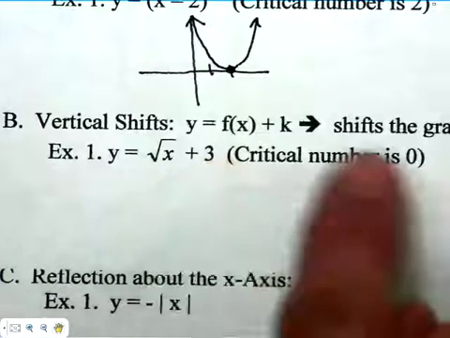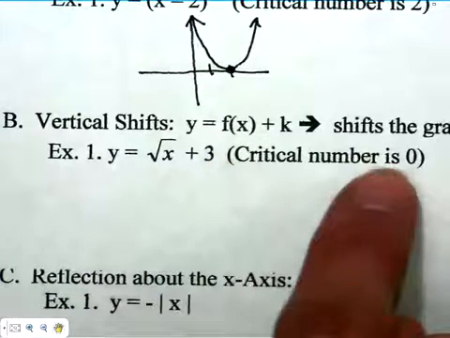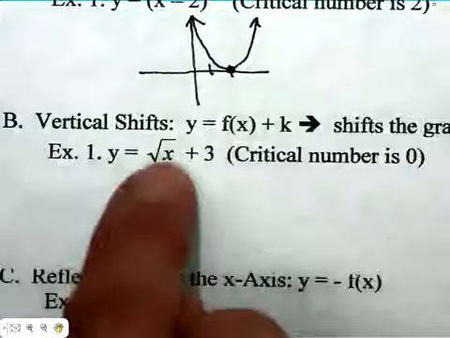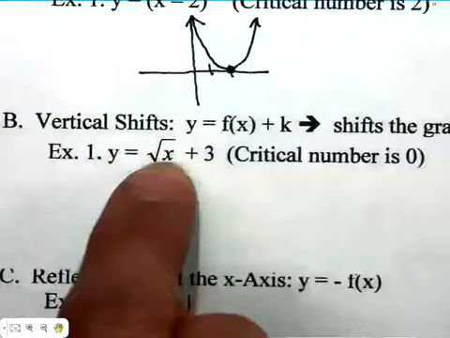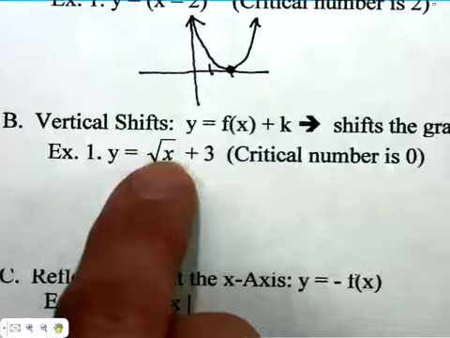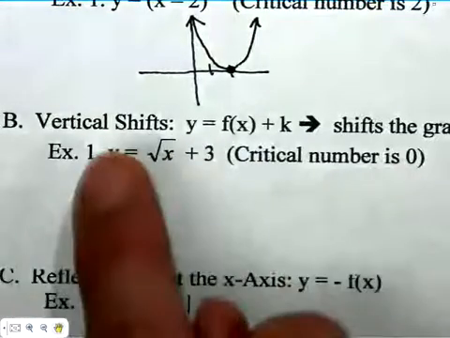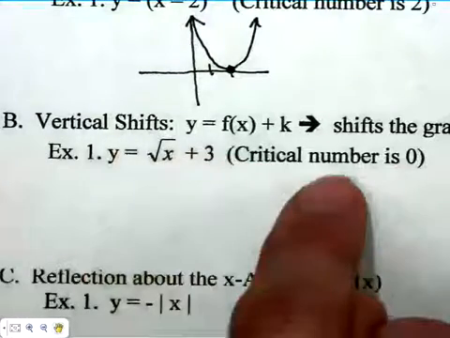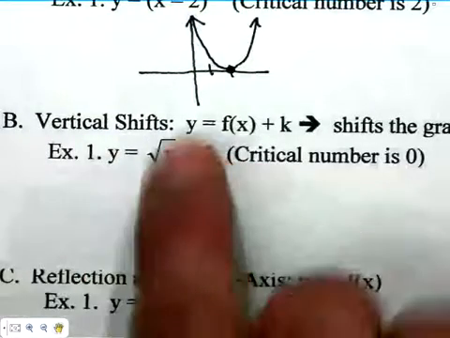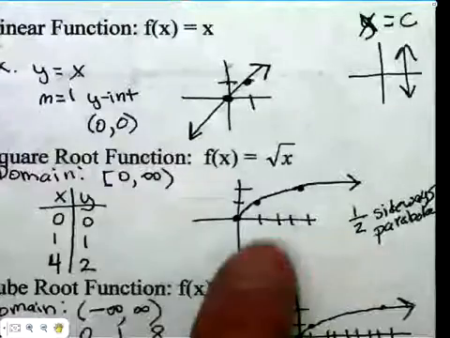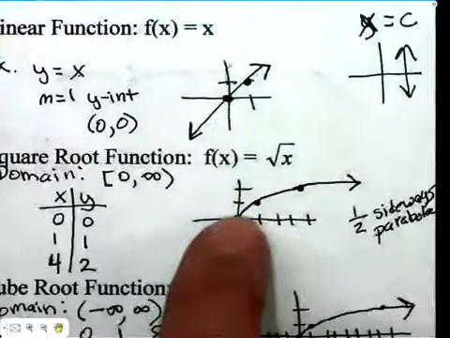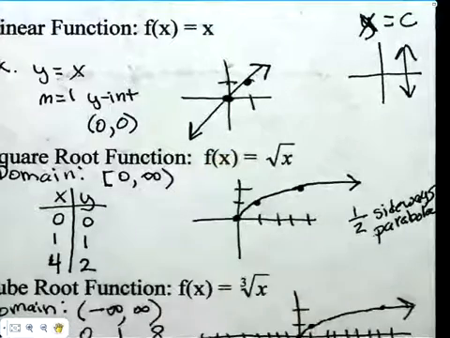The critical number is still whatever's added or subtracted under the radical. If there's nothing added or subtracted under the radical, the critical number is still 0. This graph isn't shifted left or right, it's just shifted up 3. So you look back at the square root function, and you imagine this graph shifted up 3 units.